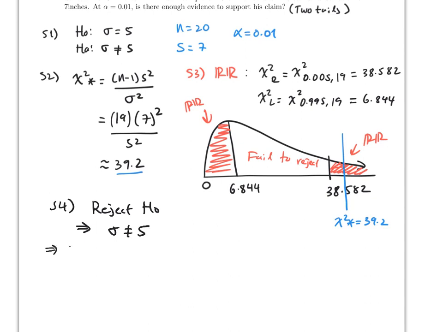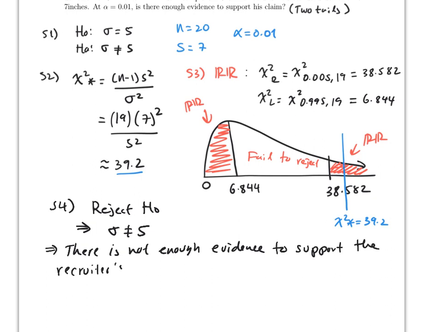So that implies that there is not enough evidence to support the recruiter's claim about the height. That should be enough.